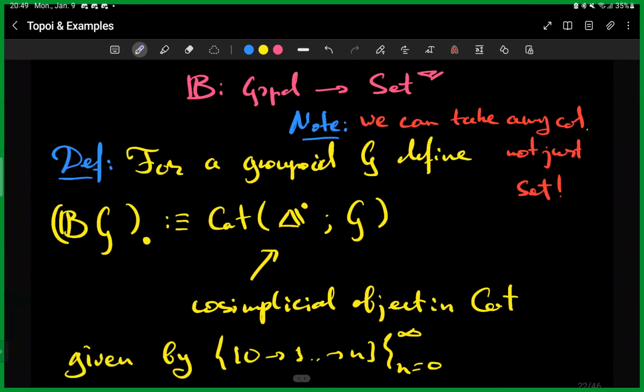So let's make it a bit more, I don't know, topological. So we have this functor of the classifying space of a groupoid. If we have a groupoid, it's obviously a category. And we can define a simplicial set denoted by BG as the set of morphisms.